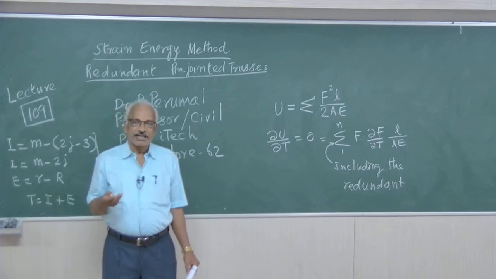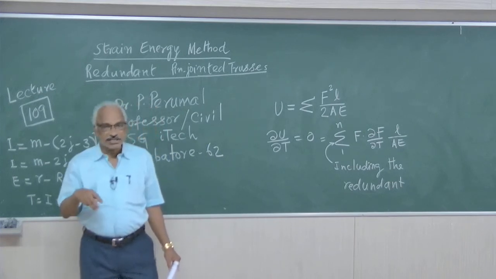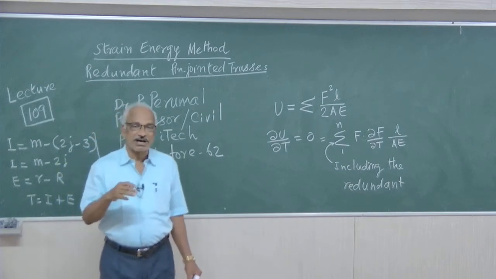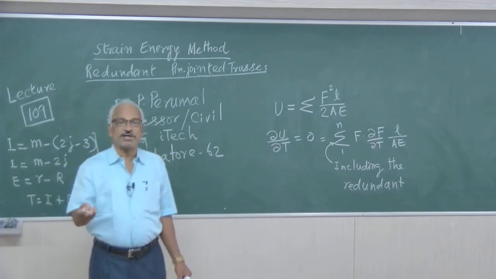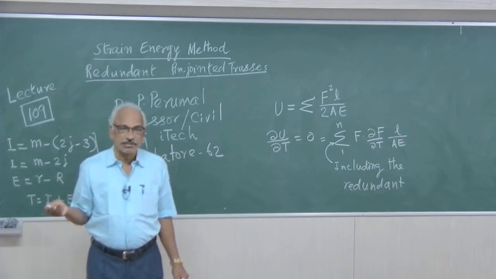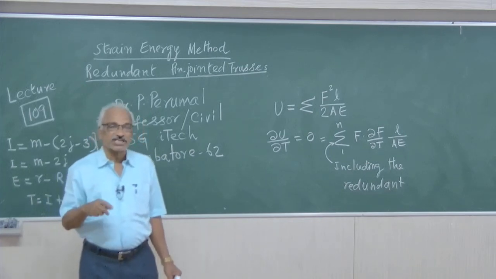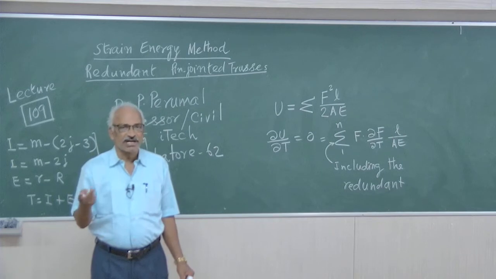Similarly, the structure can be internally redundant also. Internally redundant means it has more members than what is required for its equilibrium and stability. If the number of members required is 6, and the number of members actually provided is 8, then there are 2 extra members.